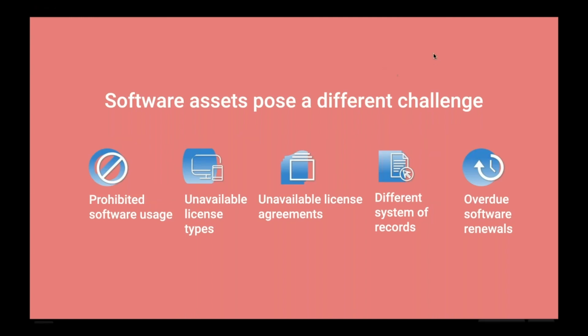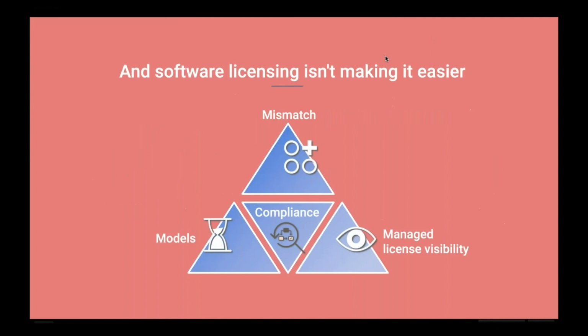So software assets pose a different challenge altogether, and licensing is another hassle. Licensing is also not going to make it any easier, because you will have a mismatch, let's say, on the software name and the software licenses that were procured, and you will not have clear visibility of all the managed software for which licenses have been procured, while keeping software compliance in line.